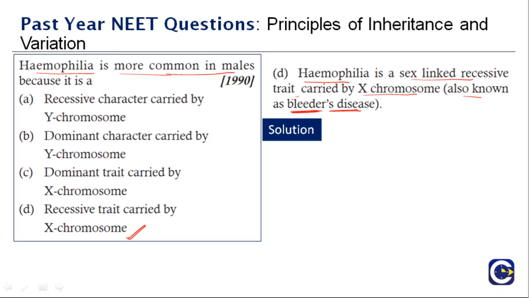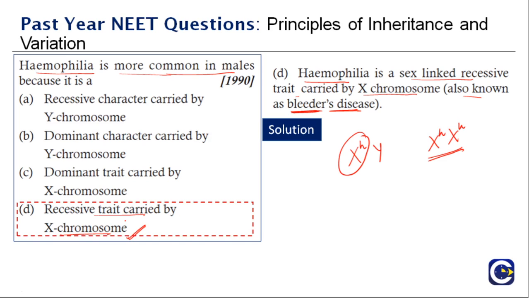It is more common in males because males need only one of it to be non-functional, whereas in females it has to be both non-functional, that is both the parents and especially the father should definitely have the disease and the mother should be either a carrier or have the disease. So this combination is less common than one being a carrier and one being normal. So recessive trait carried by X chromosome, and that is why it is more common in males. So the right answer is D.